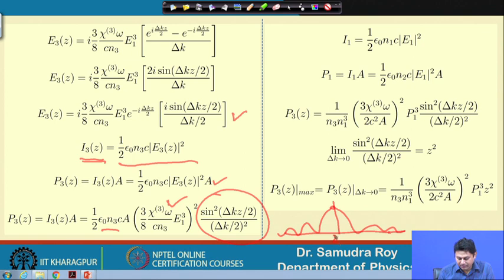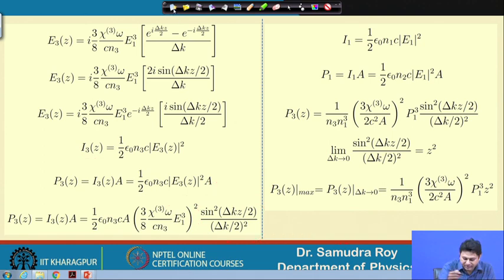So, this is at the delta k equal to 0 point. At delta k equal to 0 point, we will have a maximum power, and then if delta k is not equal to 0, we have a window which is called the bandwidth. For this bandwidth, we will have some kind of energy. Anyway, all these things we already know.